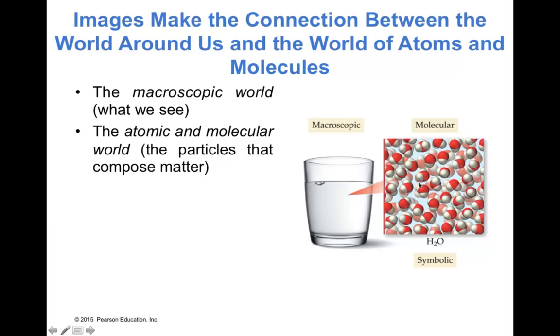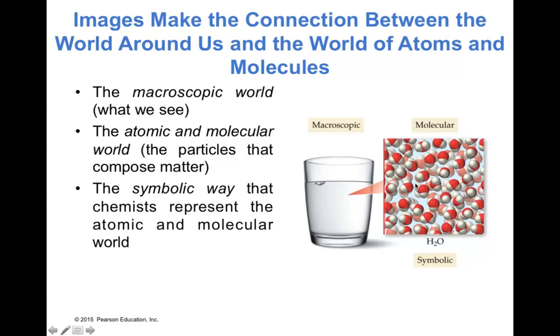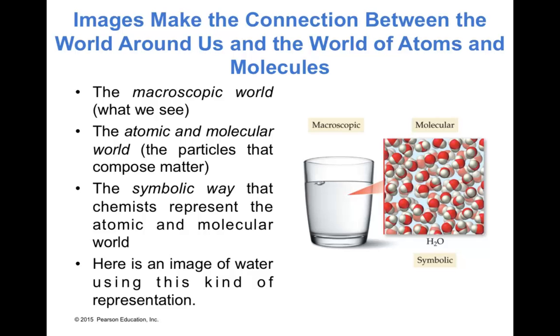So we can see the molecules of water here. The symbolic way that chemists represent the atomic and molecular world is basically this one, okay? This one is the symbolic way that, most of the time, we as chemists represent different types of molecules.